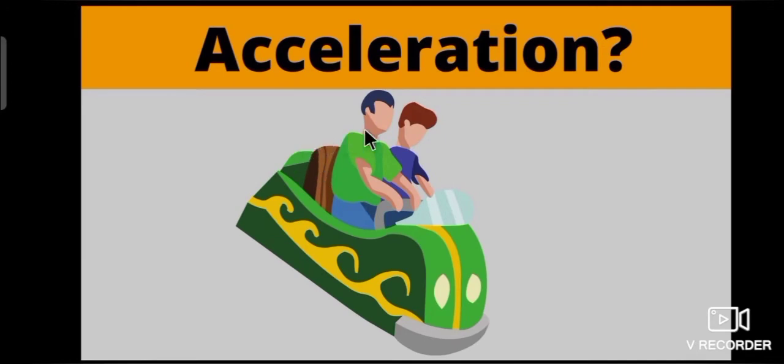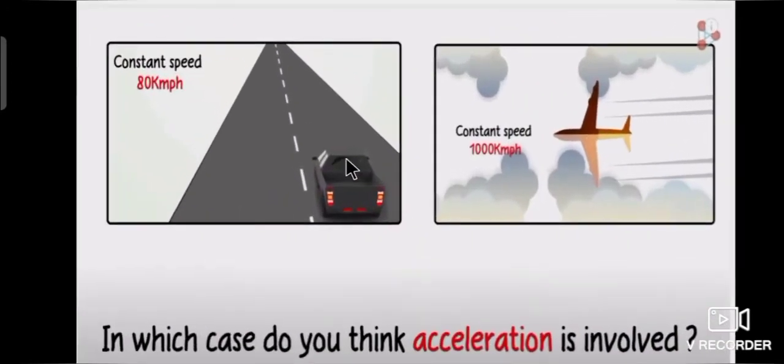Now we will learn about acceleration. See the examples. Car and aeroplane going in a linear path, that is straight line manner. In which case do you think acceleration is involved? Let's see.